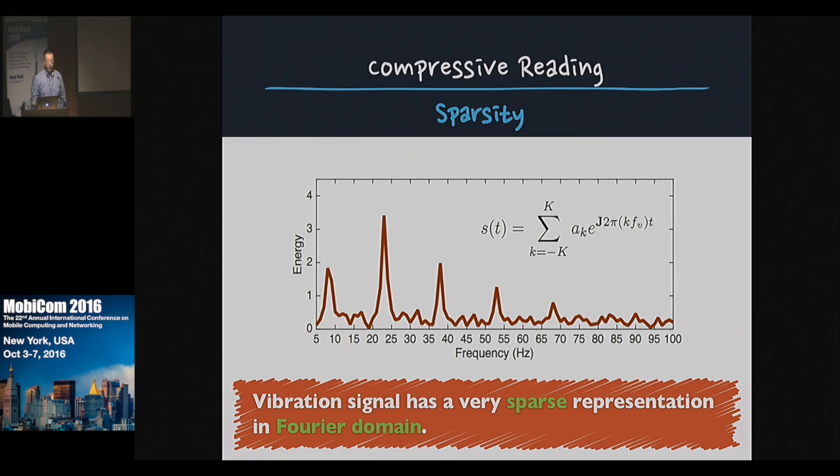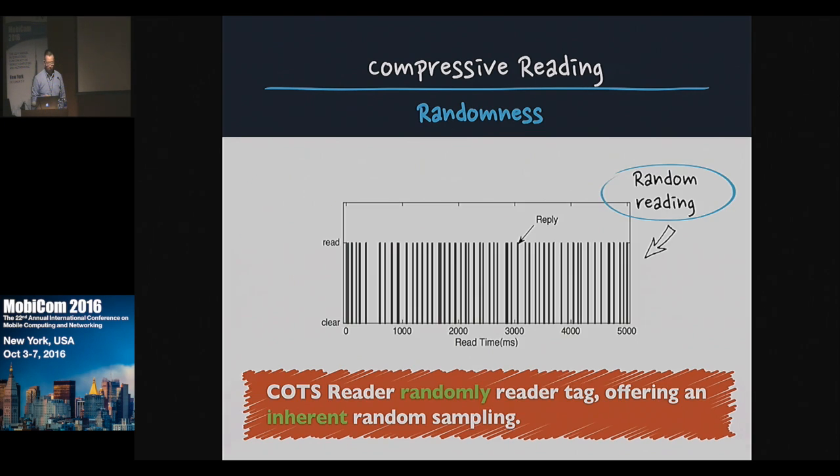To address these issues, we have two observations. The first observation is that, as I mentioned, the vibration signal is a periodic signal. Any periodic signal can be expanded as a combination of a series of harmonic frequencies. So our vibration signal is compact and sparse in the frequency domain.